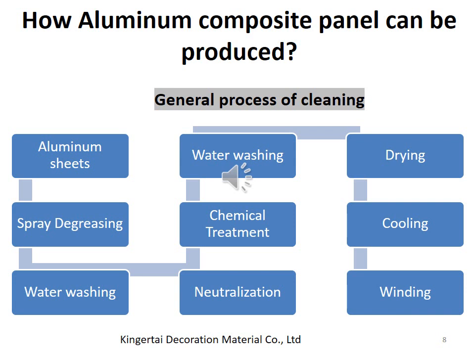After degreasing, the aluminum sheets will be washed with water, and after washing with water, some chemical treatment of neutralization will be done, and after neutralization again the sheets will be washed with water and dried, and the process of cooling is done, and in the final process these aluminum sheets will be processed for winding.